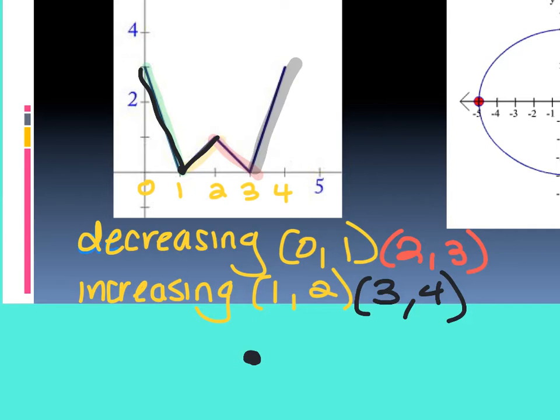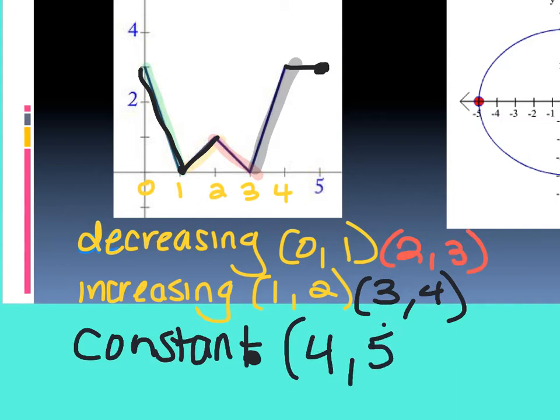The exception is if it were to start or stop constant. So this one, let's say I add on that little bracket. A point can be constant, right? So I would then say that the constant part of this graph is from 4 to 5, and the 5 gets the bracket, not the 4, because the 4 is shared by the increasing and the constant.